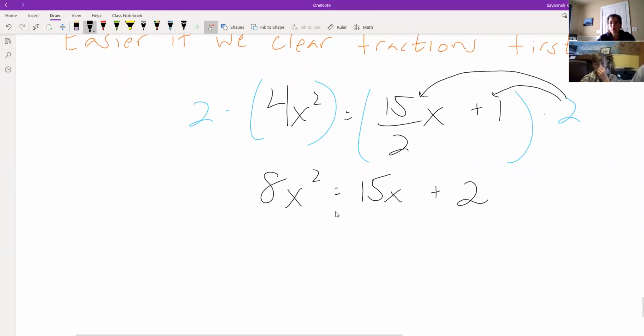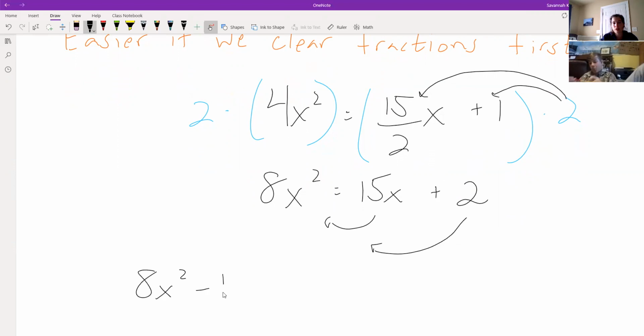So what I can do now is I can subtract that 15x over, I can subtract that 2 over, which I'll do a little bit quicker than I did in the last problem. Okay, and yeah, this is a good one.